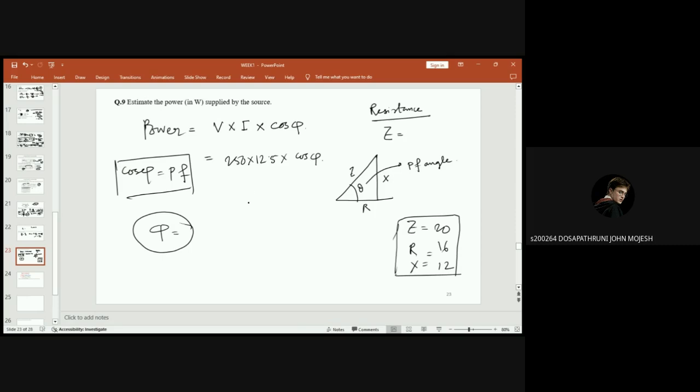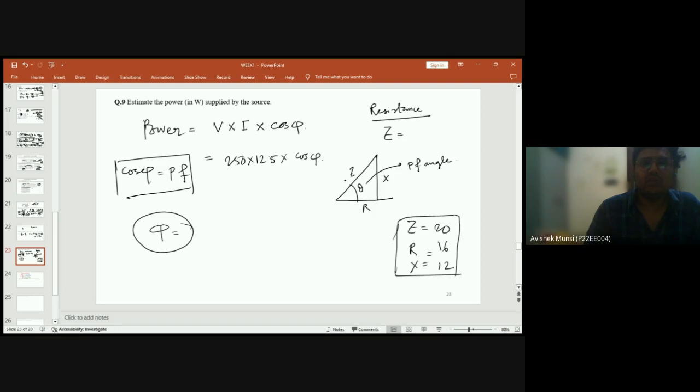So you can calculate in any way. You know the value of Z, R, X. You can directly calculate cos phi from here also. Or you can go through tan inverse of X by R. This is a basic formula.